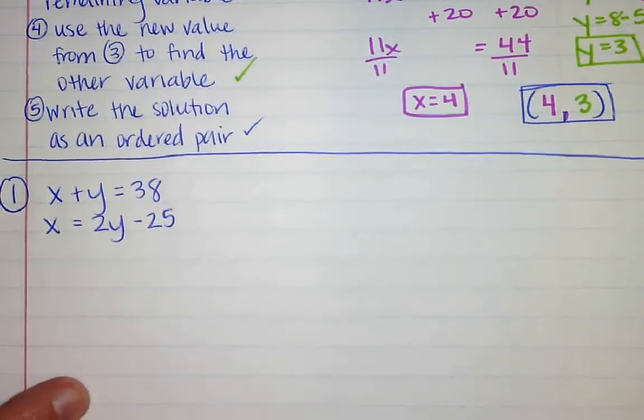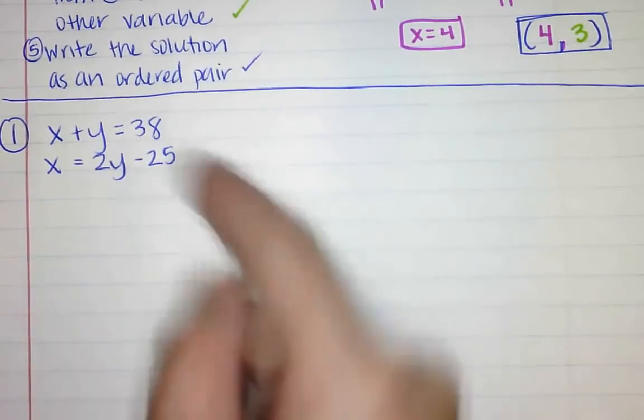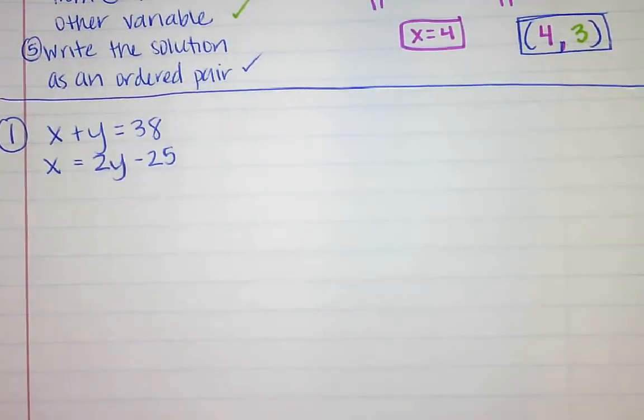So guys, for this particular problem, would graphing this make sense? Is anyone solved for y equals? No. So substitution actually makes the most sense because it's going to take the least amount of manipulating and changing your equations.